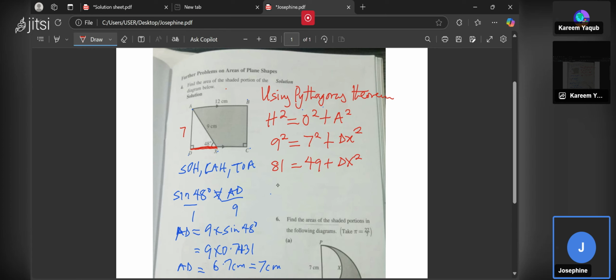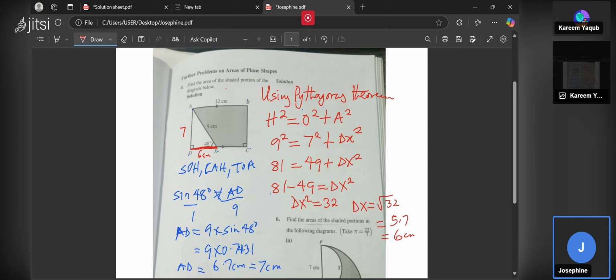So 81 minus 49 equals DX squared. 81 minus 49 is equal to 32. So DX squared is equal to 32. Therefore DX is equal to square root of 32, which is 5.7, approximately 6 centimeters. So this place is now 6 centimeters.